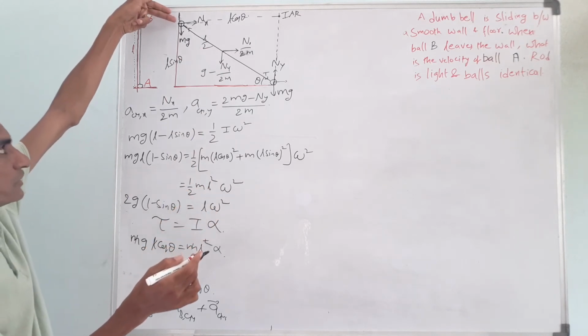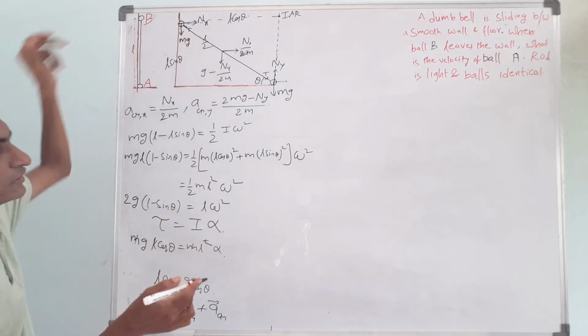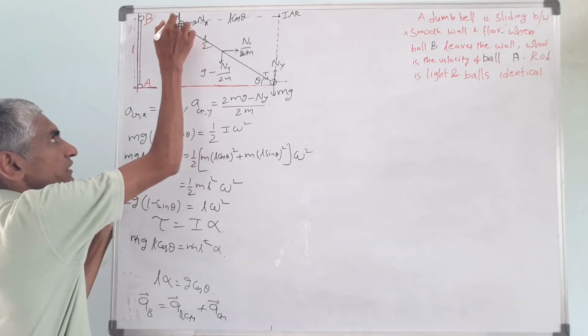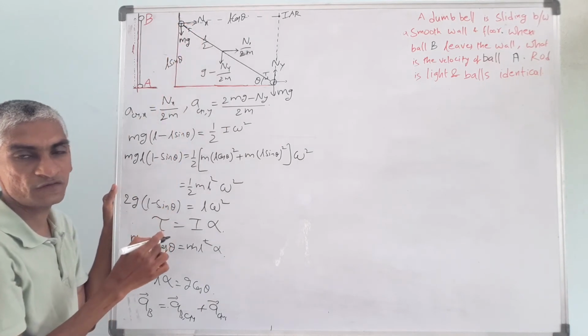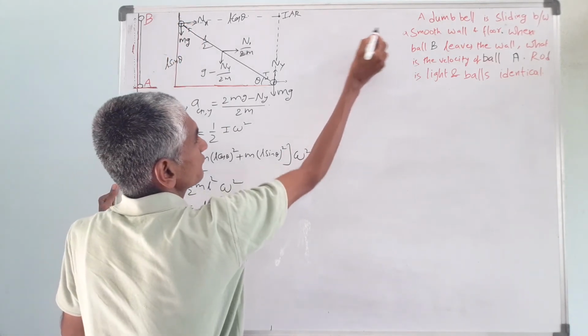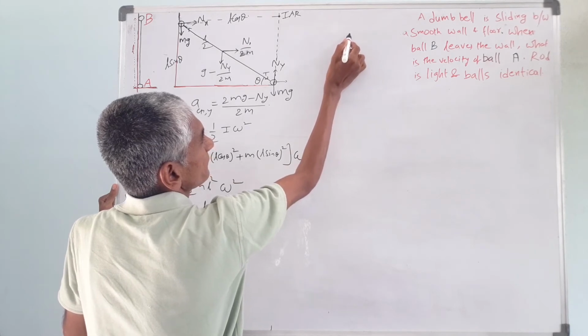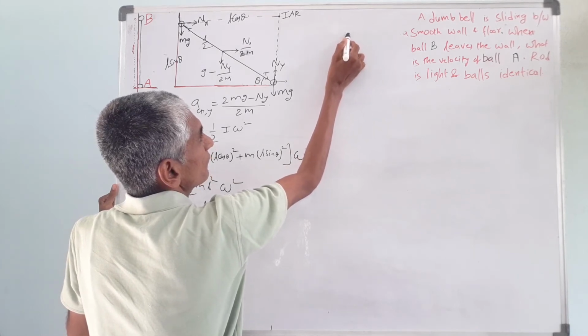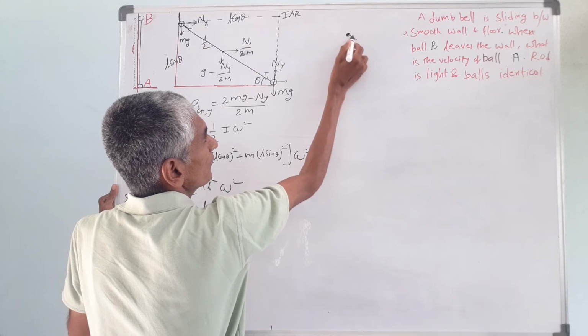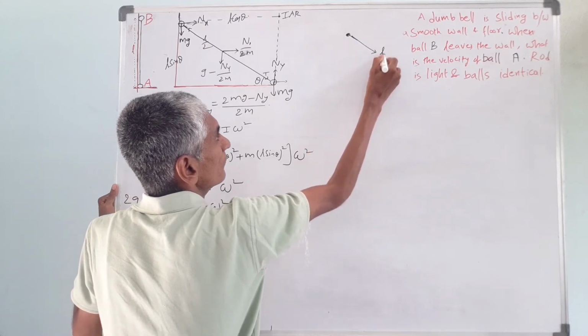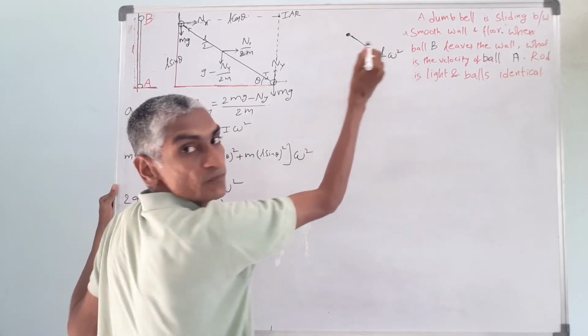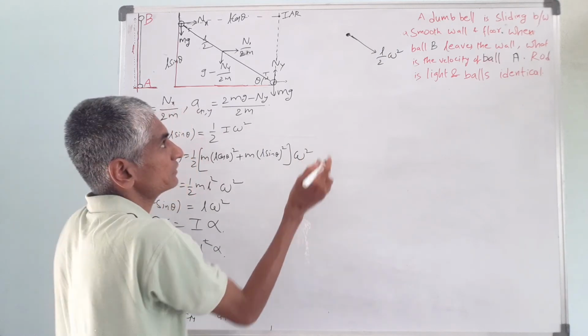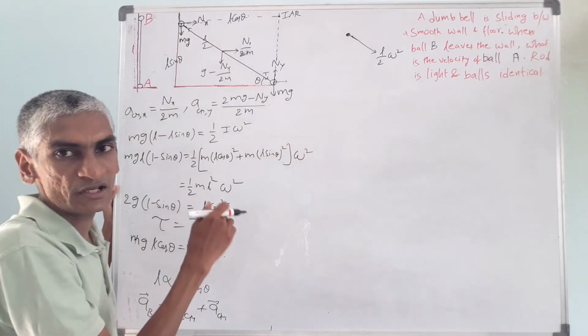So it has a centripetal acceleration L by 2 omega square and it has a tangential acceleration L by 2 alpha, I am writing separately. Acceleration of B: L by 2 omega square is centripetal acceleration.